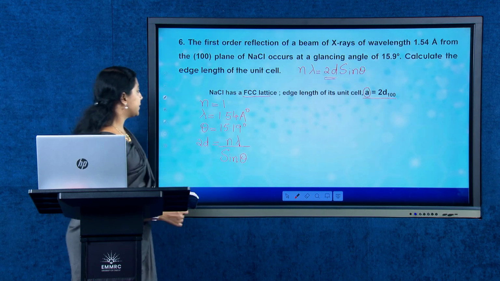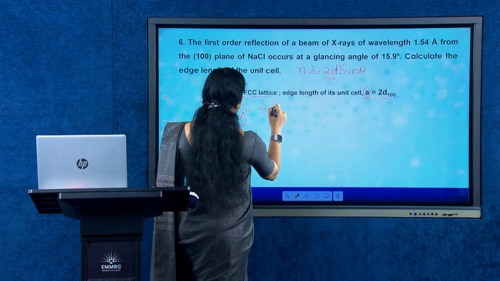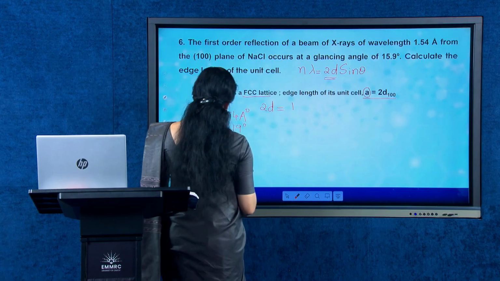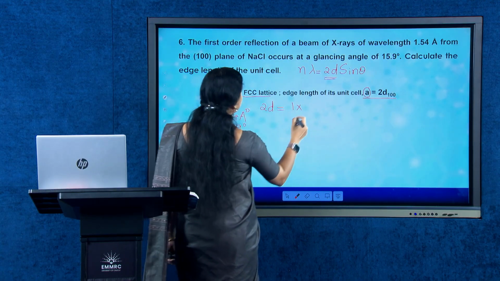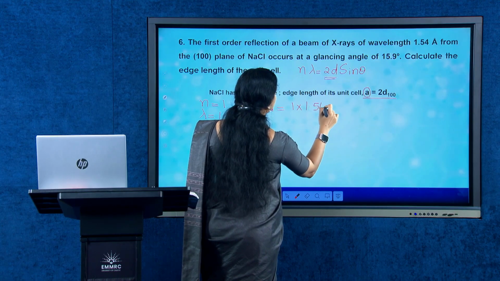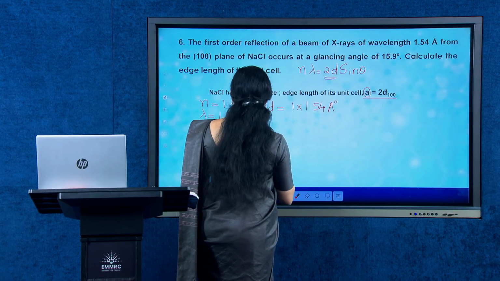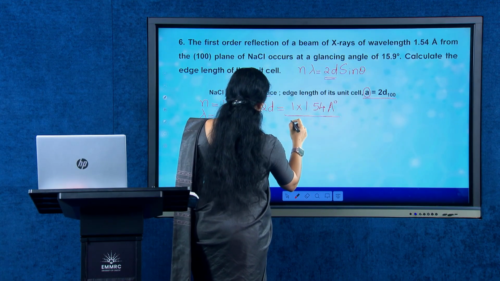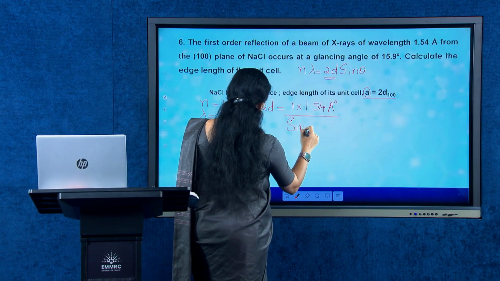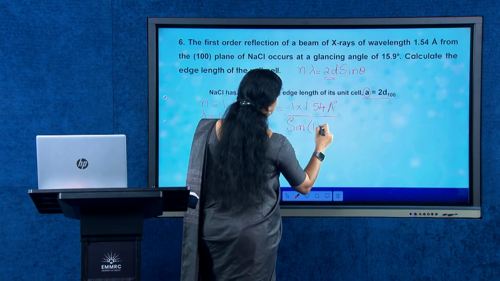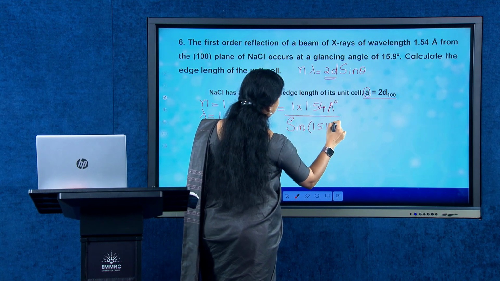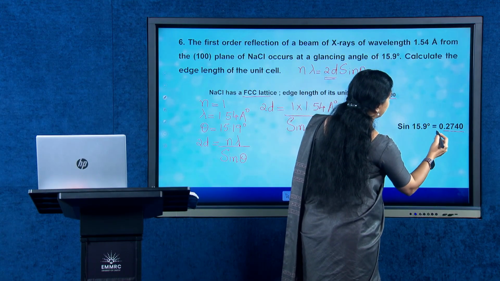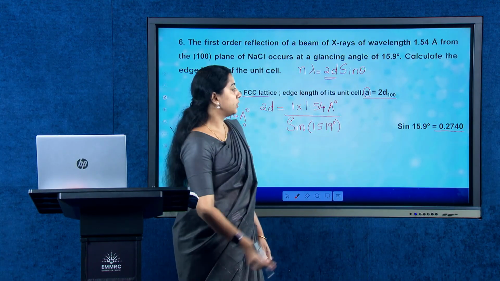So, when we substitute these values, we get 2d is equal to, n is a first order diffraction, so the value of n is 1, into the wavelength 1.54 angstrom divided by sin theta. So, sin theta is sin 15.9 degrees. Let us find out what is sin 15.9 degrees. It is 0.2740. So, let us substitute the value.